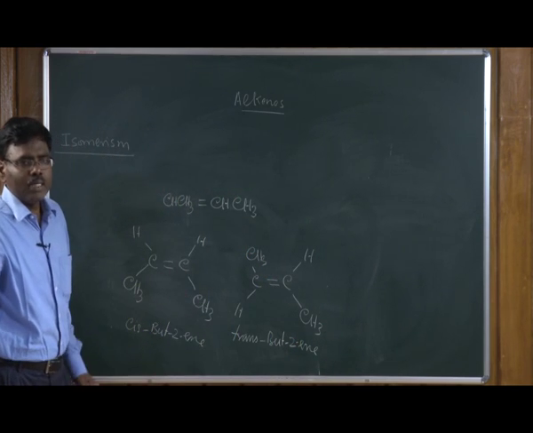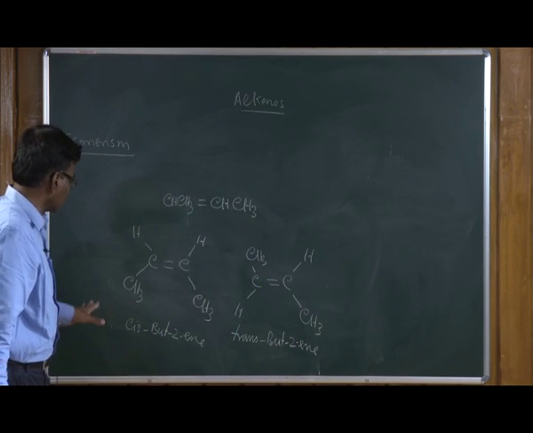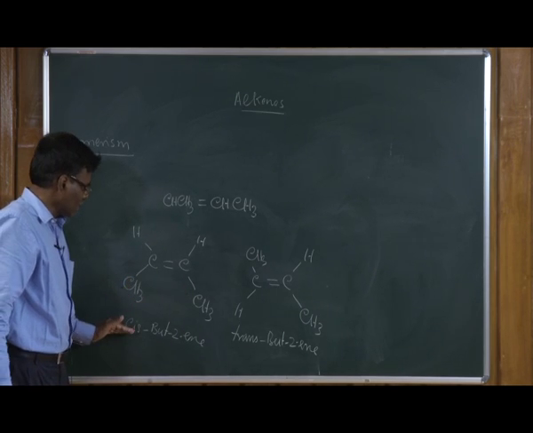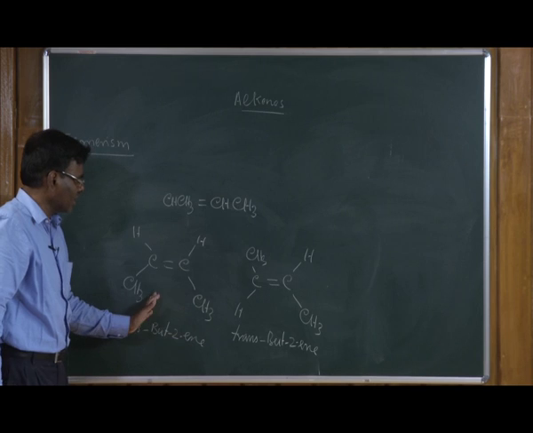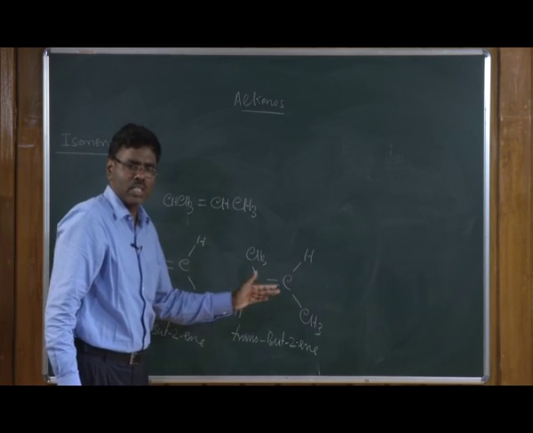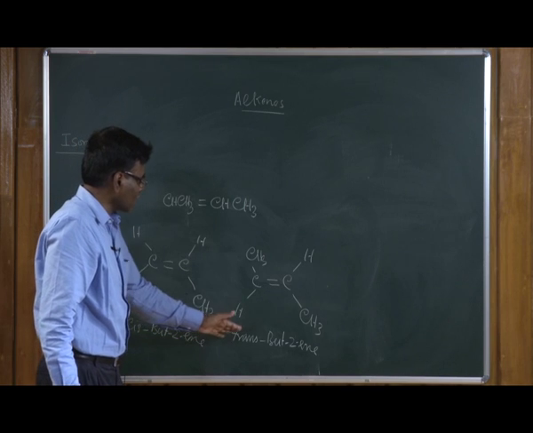So, these are called geometrical isomers. In this case, both methyl groups are on the same side. Therefore, it is called cis-but-2-ene, and in this one the methyl groups are on opposite sides. So, we call it trans-but-2-ene.